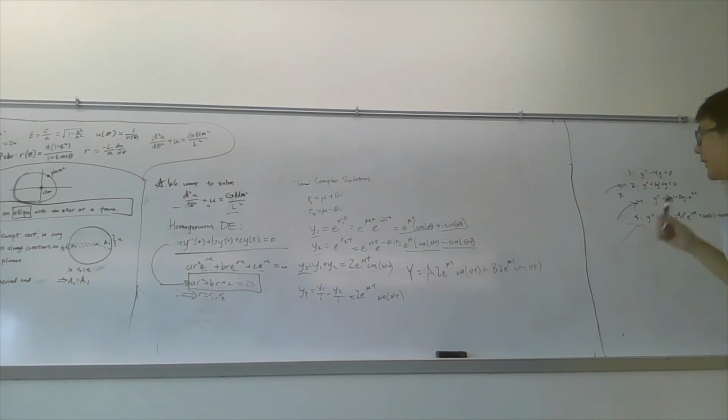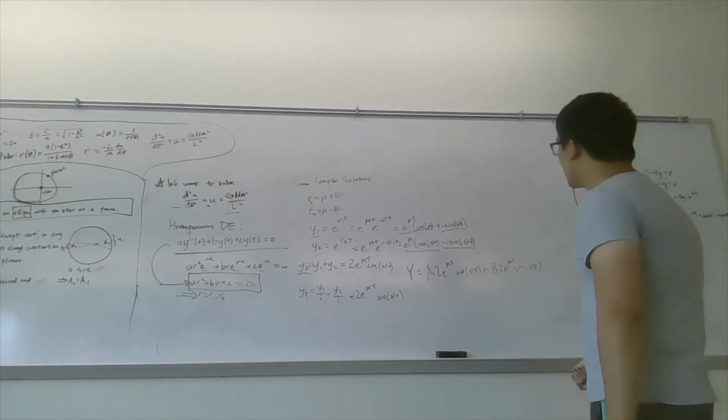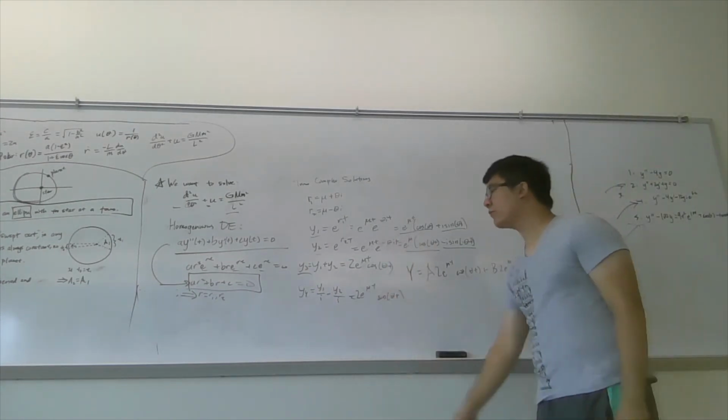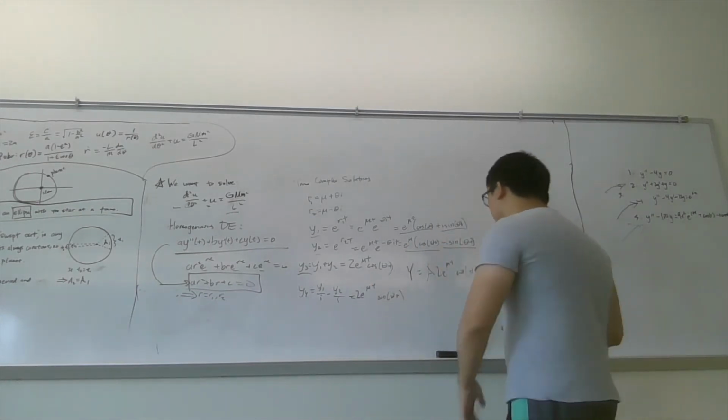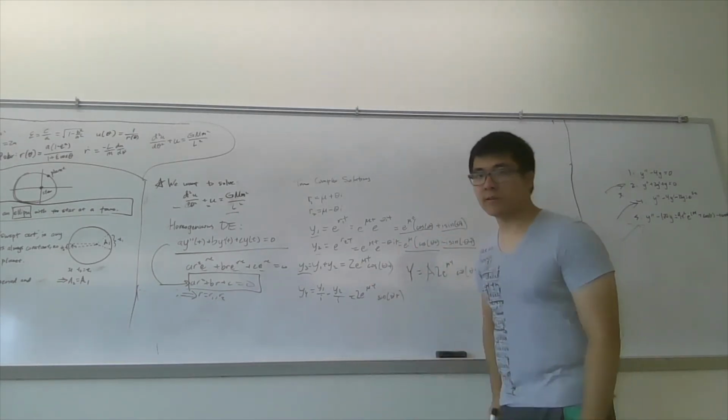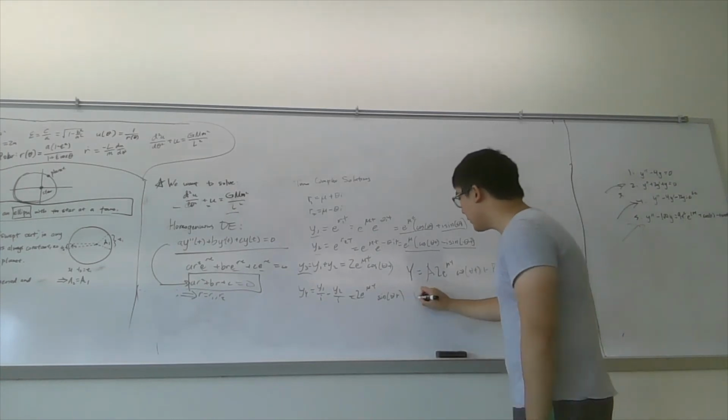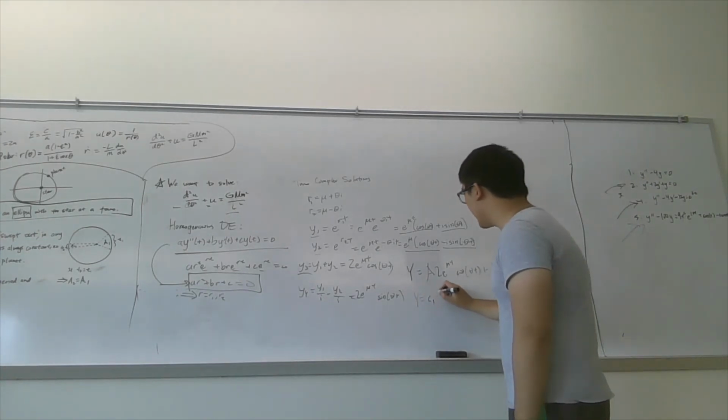It'll just be a linear combination of y3 and y4, where a and b are arbitrary constants. Scaling an arbitrary constant gives you another arbitrary constant, so we can just simplify this as this right here.